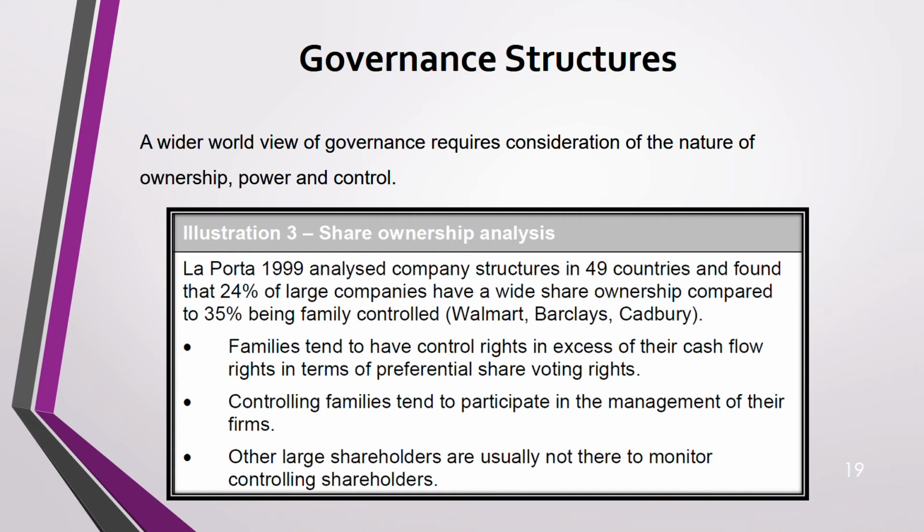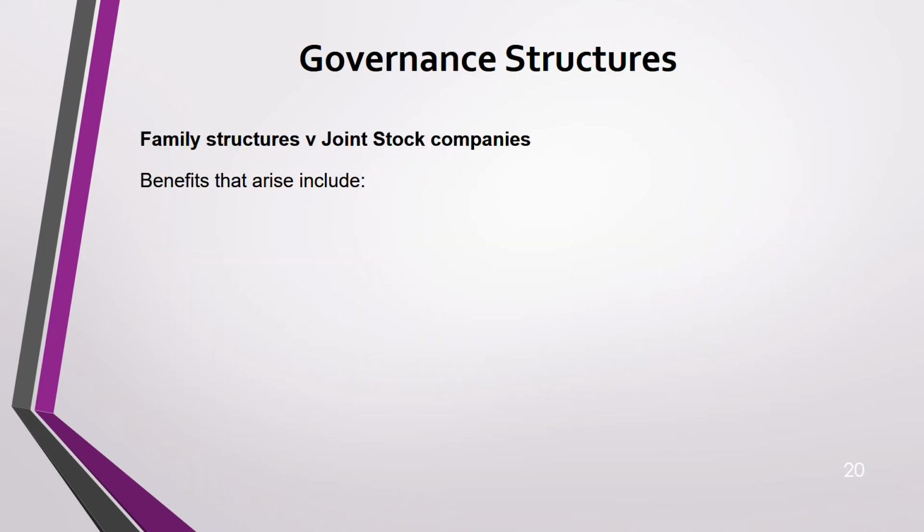So these are the three things that come when it's a family business. This is just an example to understand. Companies like Walmart, Barclays and Cadbury are family businesses, so they will have this structure. Based on your structure, your corporate governance will change. Remember.